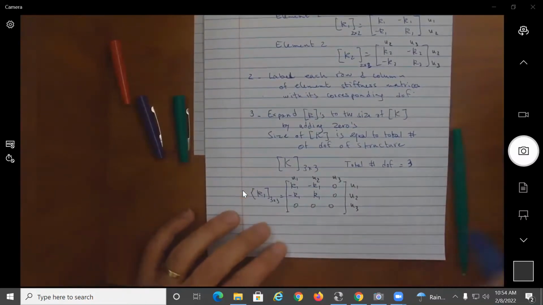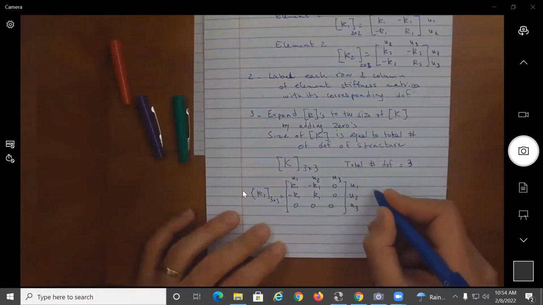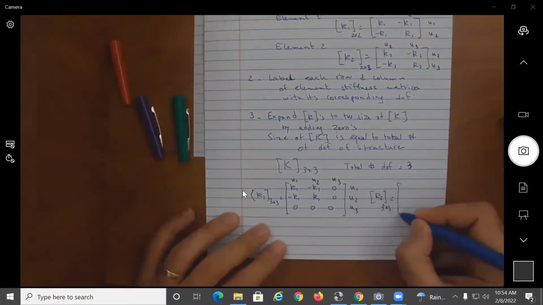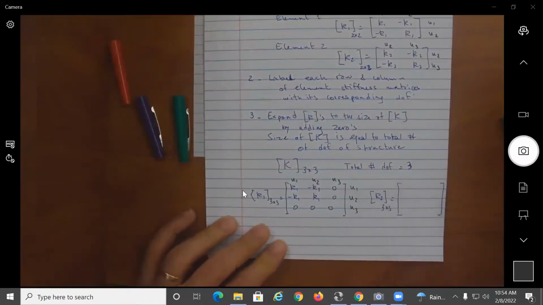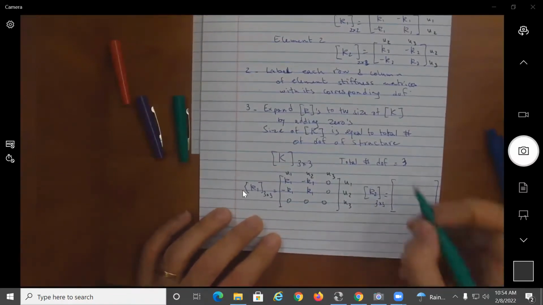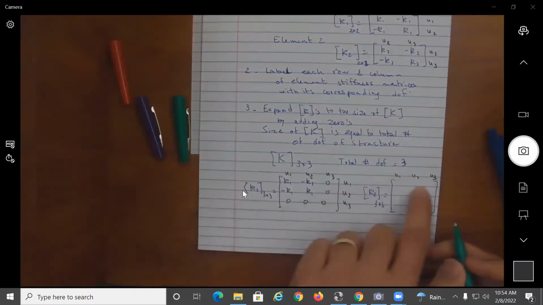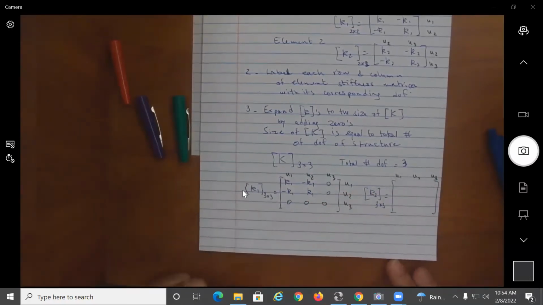And I'm going to do the same with K2, express it as a 3 by 3 equal to. This is going to be U1, U2, and U3. And the lines are still going to follow what I did for K1.